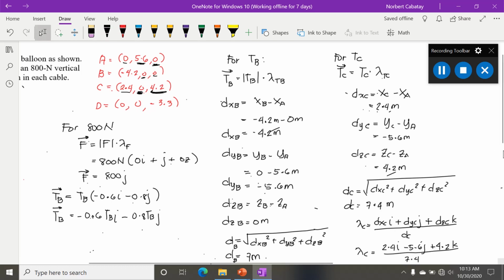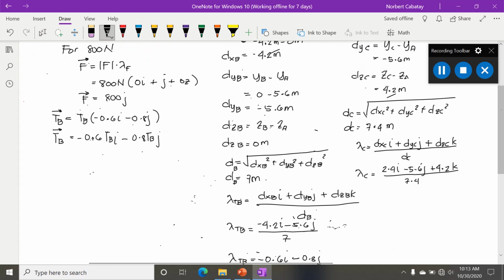To simplify, baka masisimplify pa natin. So yung lambda sub C natin, 2.4 by 7.4, 12 over 37 para walang putol, minus 28 over 37 j plus yung 4.2 is 21 over 37 k.